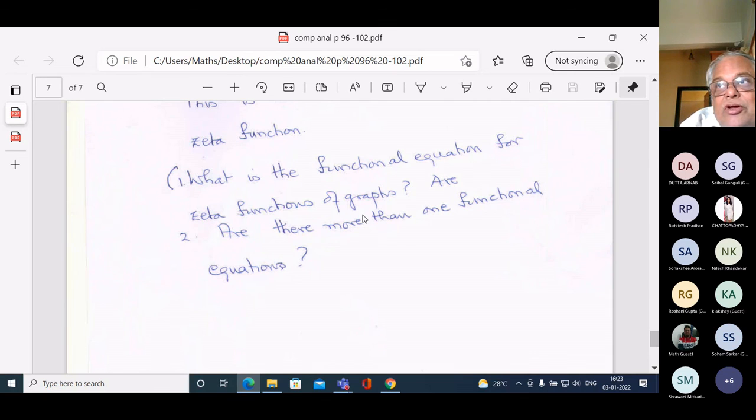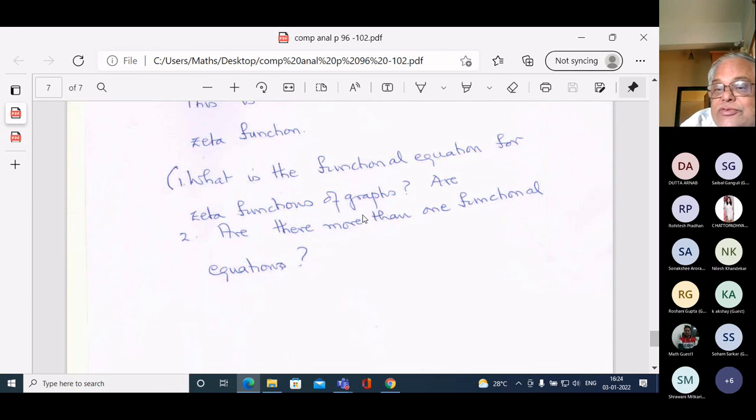It may not be zeta of s and zeta of 1 minus s, but is there some other functional equation that zeta of s satisfies? I don't really know. Some of you who are doing something in number theory should try to find out. This is one functional equation for the classical zeta functions.